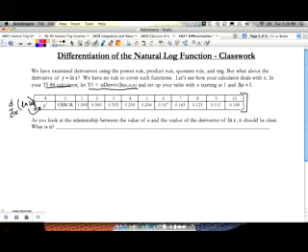And if you're noticing it, if I wrote this bottom as a fraction, it'd be 1 over 1. This next one would be 1 over 2. Then this would be 1/3, 1/4, 1/5, and so on. Hopefully you guys see a connection in the numbers right now. So what's the relationship when you look at the value of x and the value of the derivative of natural log x?